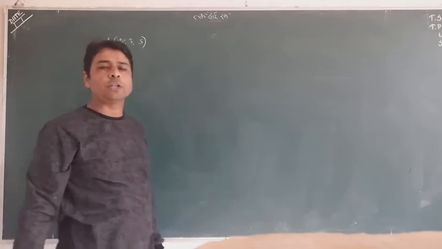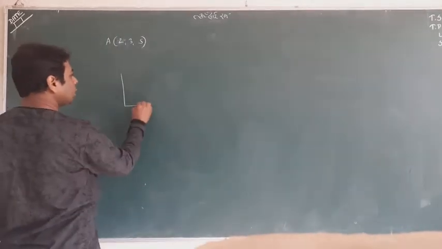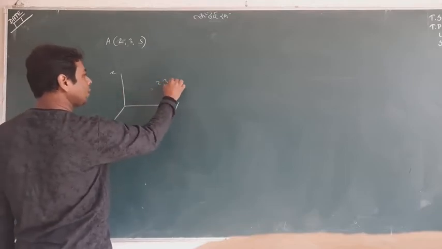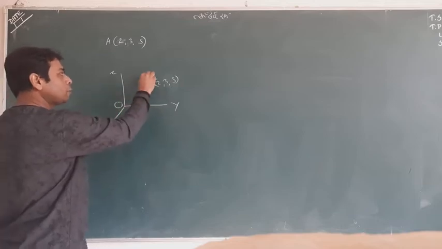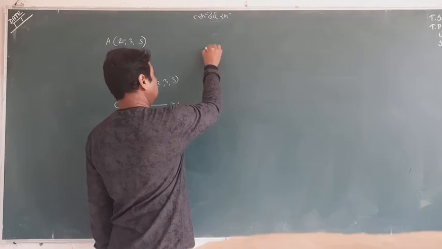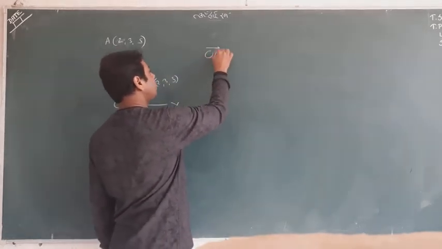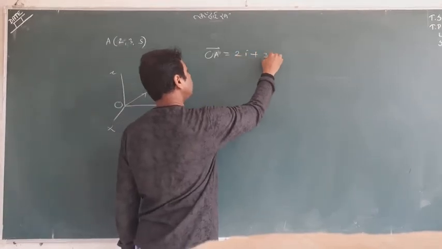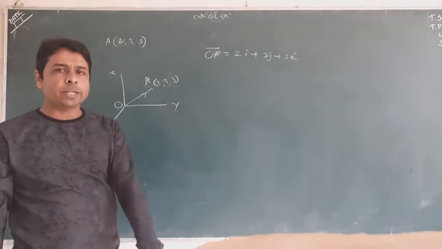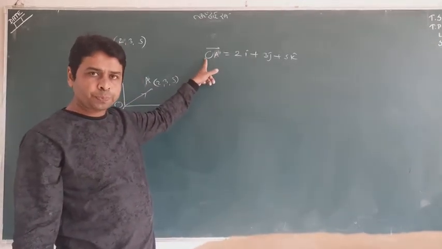This is the coordinate of point A. In geometry, suppose this is O and this is A. When we talk about OA as a vector, it will be written as 2i, 3j and 5k. This is the position vector of A with respect to O.